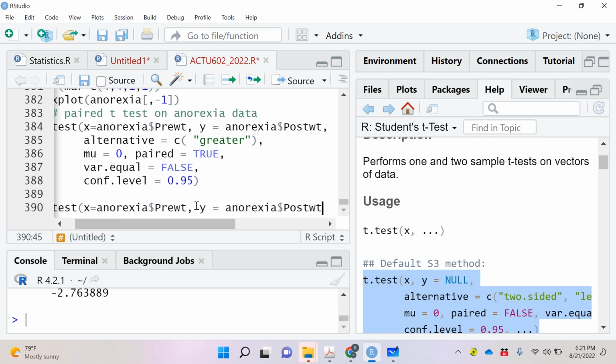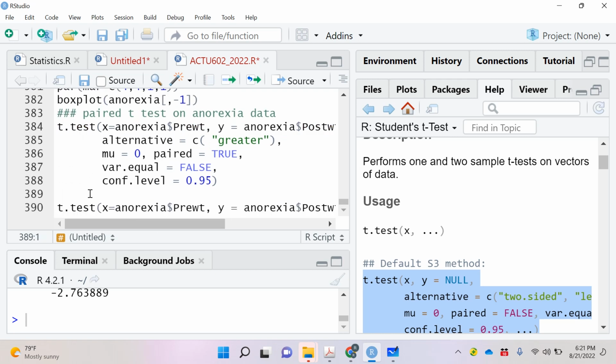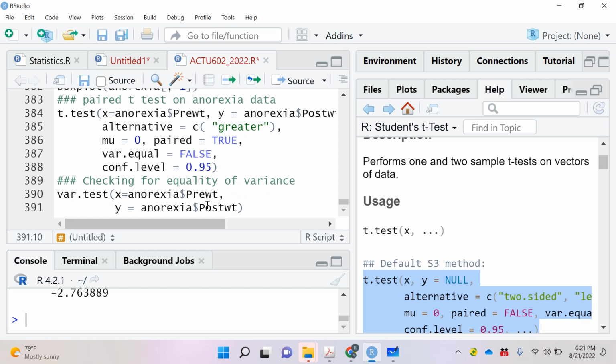If not, so to do that, checking for equality of variance, we will not use t.test, but it is called var.test, variance test.